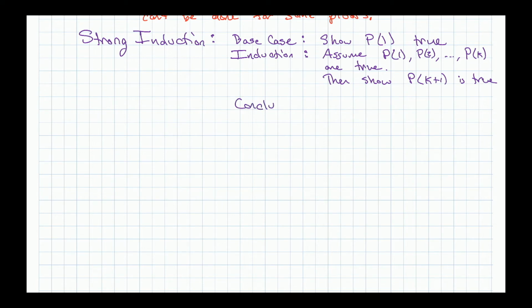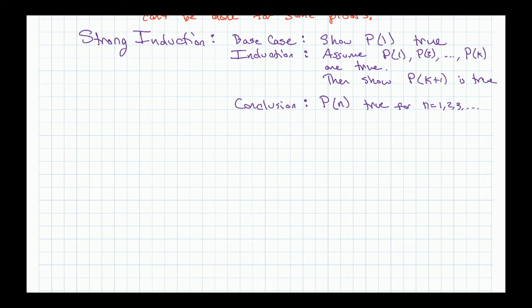So then you can conclude: P of n is true for n equals 1, 2, 3, and so on. So what's the difference?